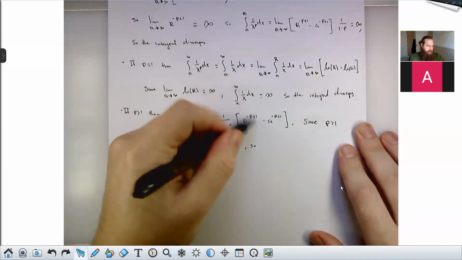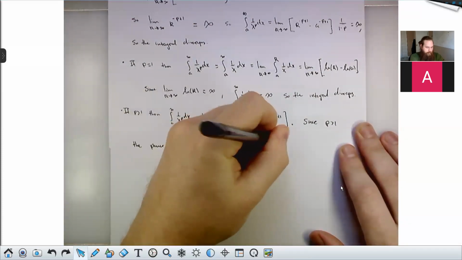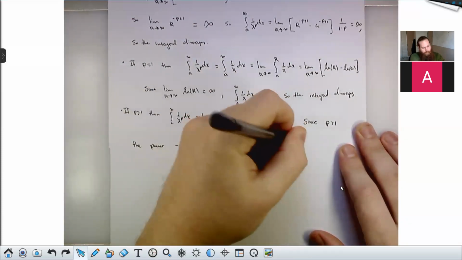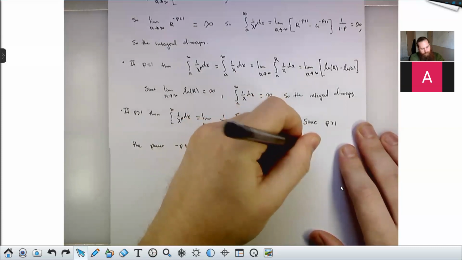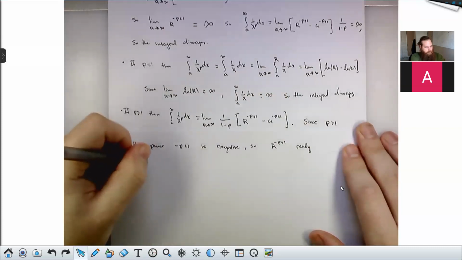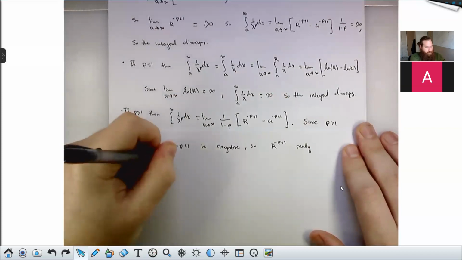So the r term here really belongs downstairs.